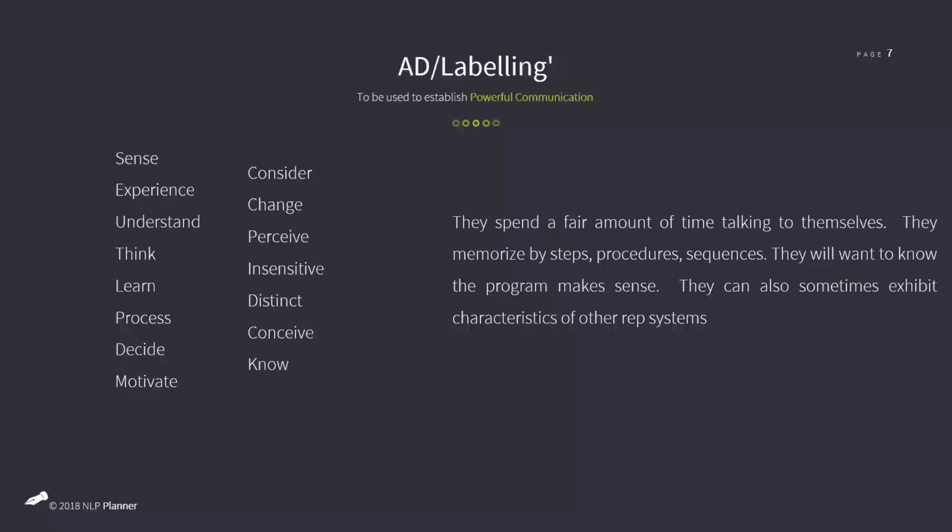These are the people who memorize by steps, procedures, sequences. They like to be very, very detail oriented. They like to be step oriented. One, two, three. These are the steps that they would like to follow. They are very, very procedural in nature. They like sequences. So what happens after that? What happens after that? How is this course framed?